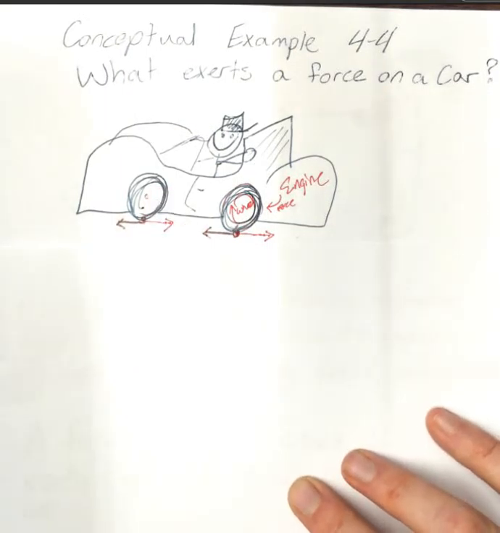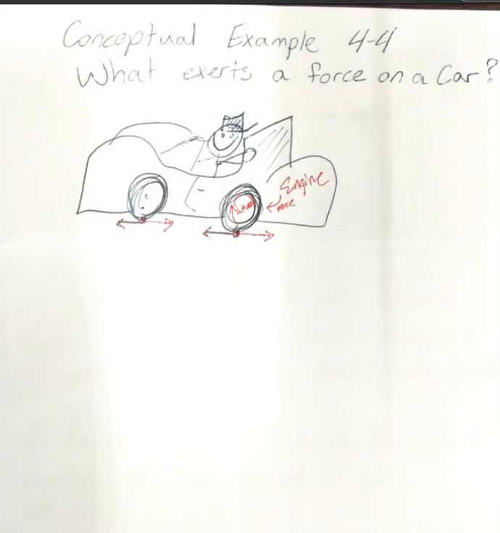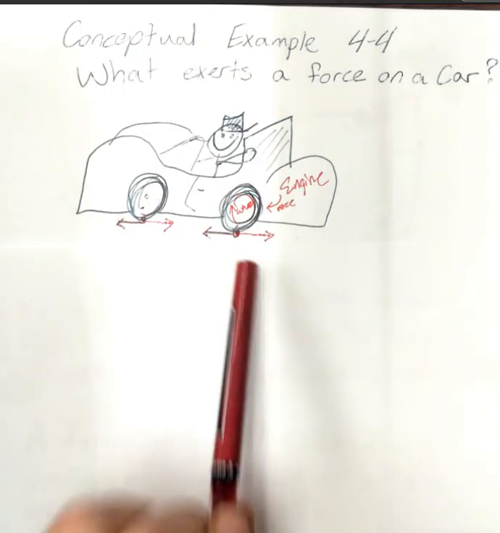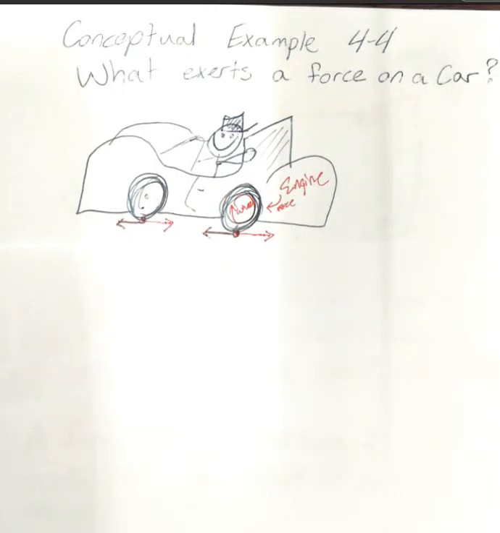How do we know that this is the case? Well, imagine putting a car on a friction-free surface where the ground does not have friction, and so a backward force cannot be applied to the ground. In that case, the wheels would spin, they would not catch, and the car would not go anywhere.